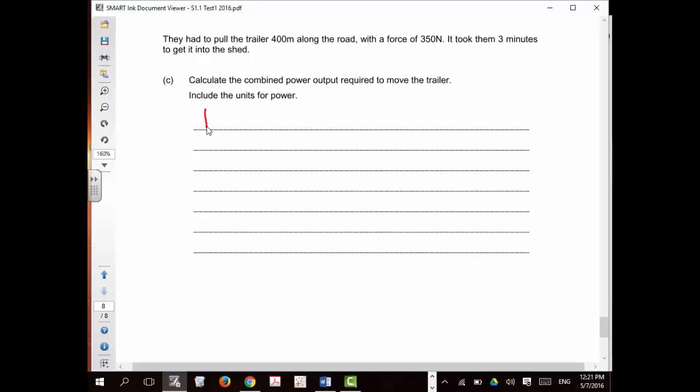Okay, power is equal to work done over time taken. And work is equal to force times distance. It's the force applied times the distance moved in the direction of the force. So we first need to work out the work.